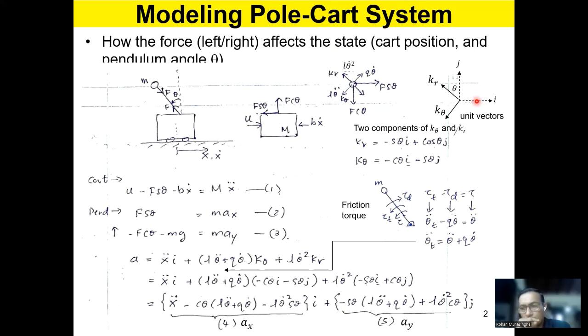Now, based on the pole angle theta, you can see how k theta and kr, these two unit vectors, are associated with i and j. So you can write down equations for kr and k theta in terms of i and j. Okay, because we can't have too many unknowns in our mathematical models.